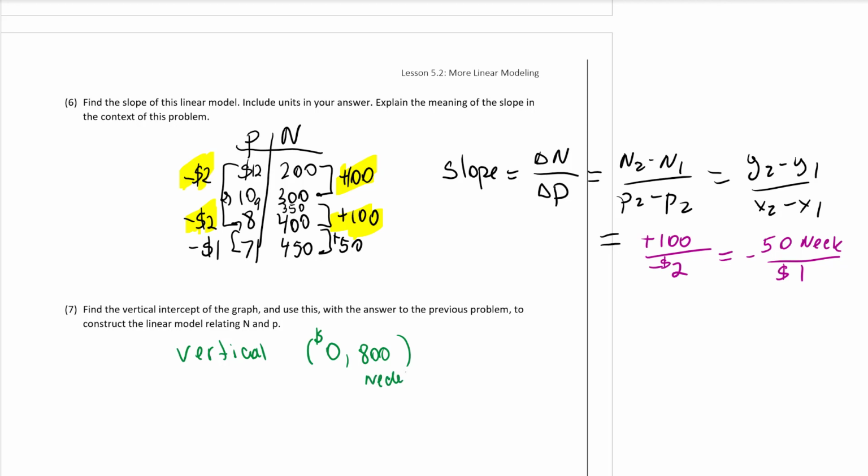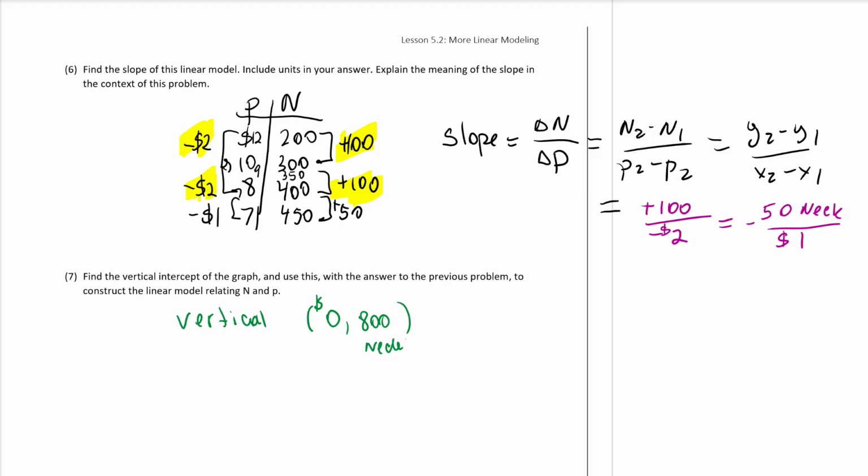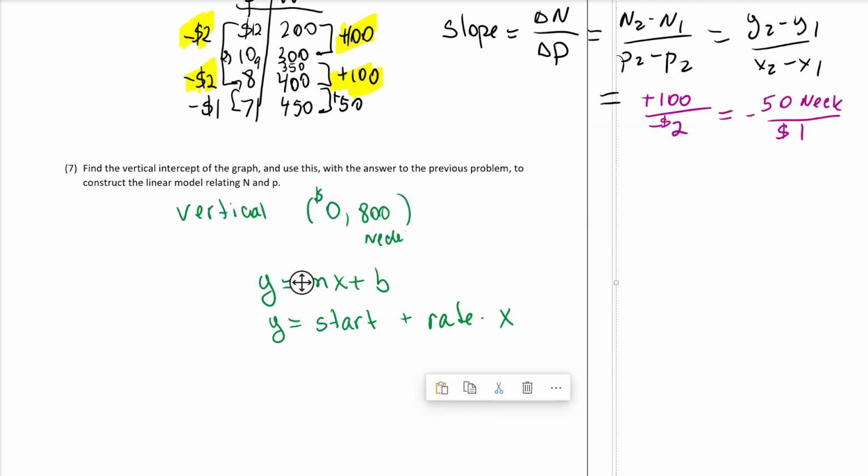Writing the equation, if you remember, has the form y equals mx plus b. That's how we learn it in algebra. In this class, we say y equals starting value plus rate multiplied by the independent variable.